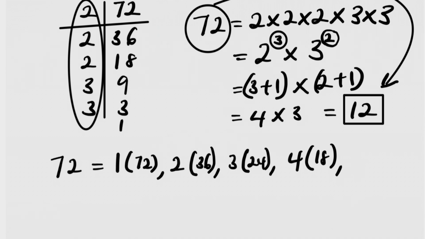Then the next that we can get from the left hand side of this table: can we get 5? No. Is there any possibility of 6? Yes. 2 multiplied by 3 gives 6. So 6, since we isolate these 2 and 3, is 6 times 2 times 2 times 3, that is 6 times 12. Is there any possibility of 7?